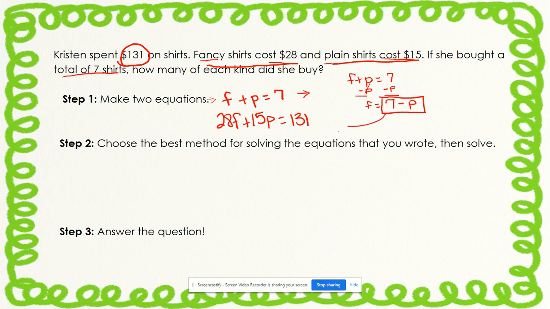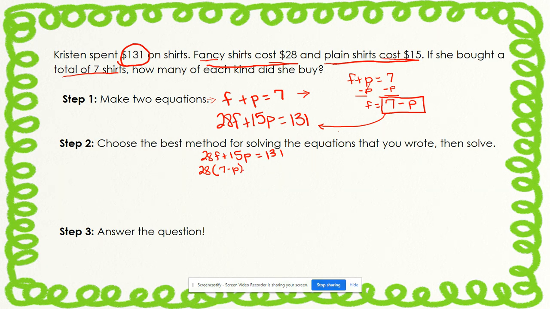So I am going to substitute that in for f in my other equation. My other equation says 28f plus 15p equals 131. I'm going to plug in 7 minus p for f. So instead of 28 times f, I'm going to do 28 times 7 minus p, because that's what I know f equals.